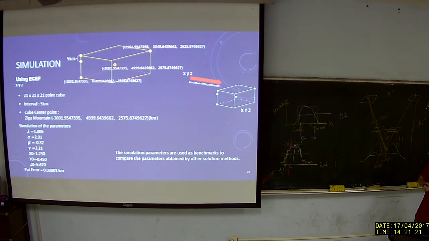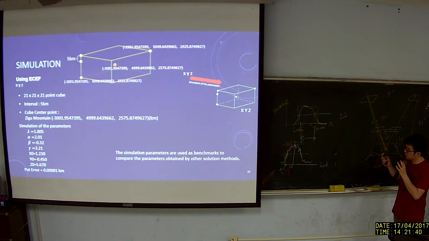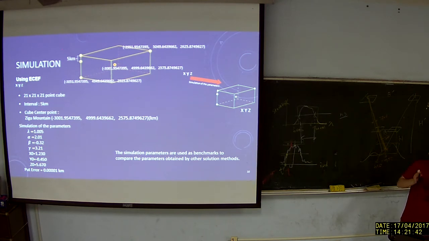So we use the point cube and the parameters, we can put them into a transform equation, and we can get another reference point. So we get the two reference points, and we can solve for the result of the difference method.